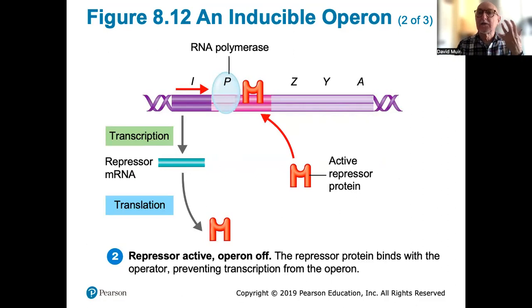So lactose is a sugar. It's the sugar that is found in milk. Bacteria are not necessarily exposed to lactose very often, but there are some which are able to metabolize it. And this is especially important in all of those bacteria that are associated with the gut.